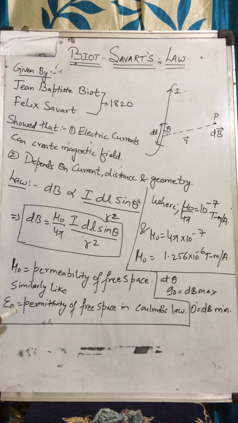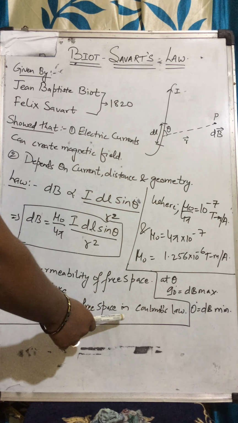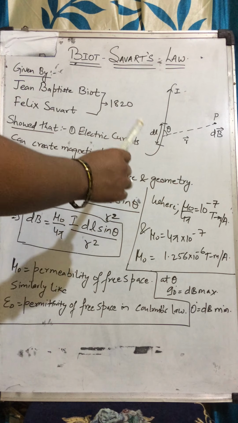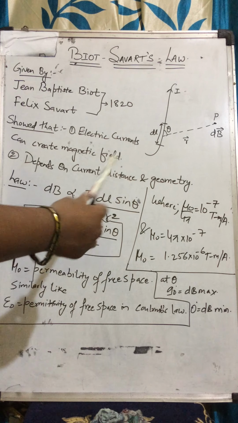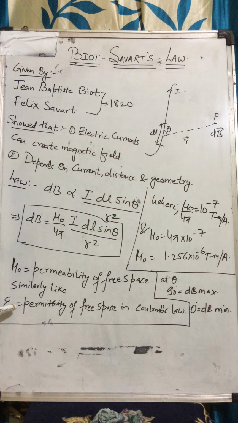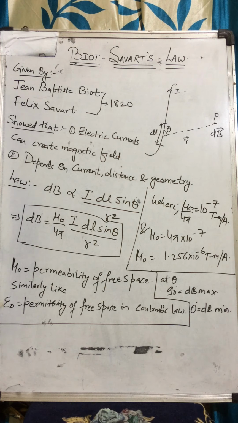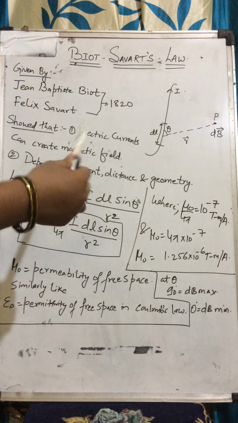It is somewhat similar to epsilon naught, which is called the permittivity of free space, which you have already studied in Coulomb's law. In Coulomb's law, F equals 1 upon 4 pi epsilon naught Q1 Q2 by R square. In that, epsilon naught, the permittivity, was in the denominator, so if the epsilon naught value is less, then the force is more.